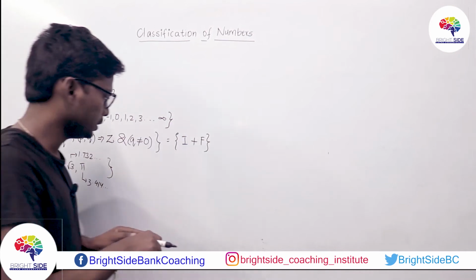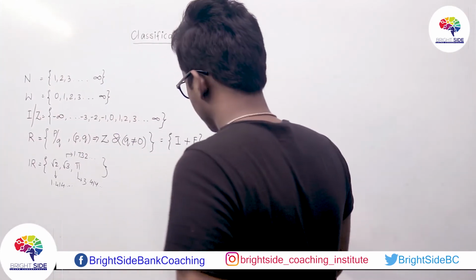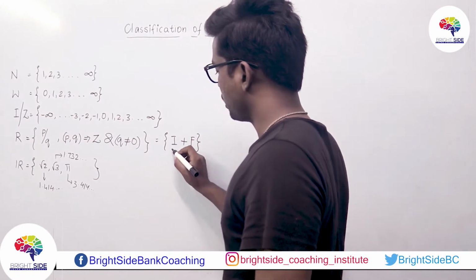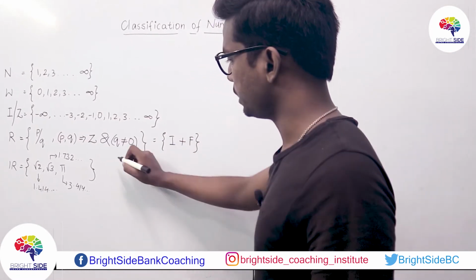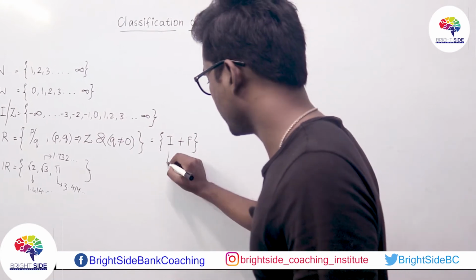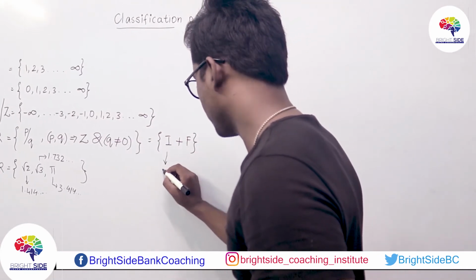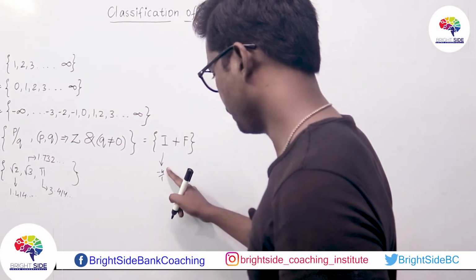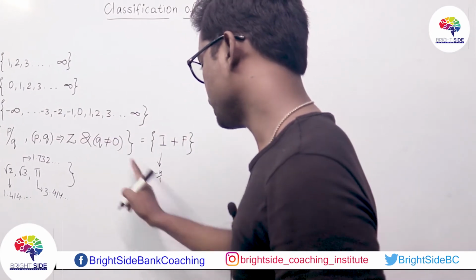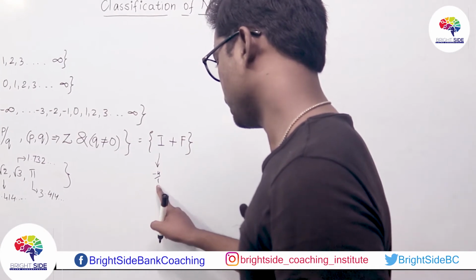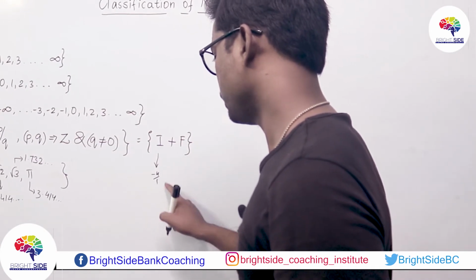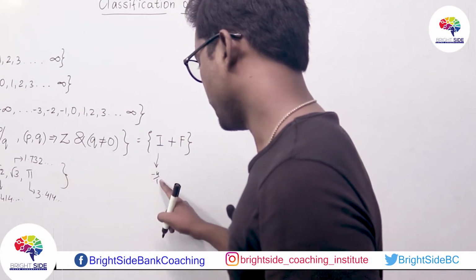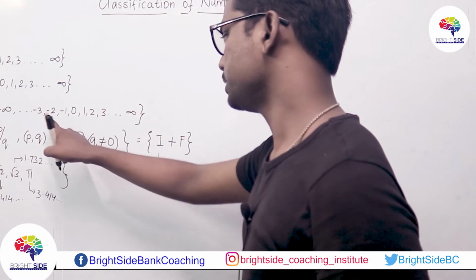If you see these rational numbers, they have integers and fractions. So how can we generate integers in rational numbers? If you write minus 4 by 1, which is of the form p by q, and q is not equal to 0, that means it is in rational numbers, and this value is minus 4, which is in integers.